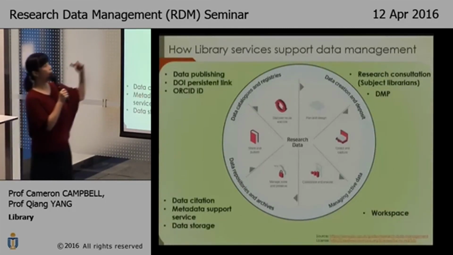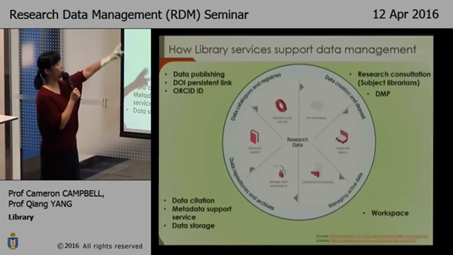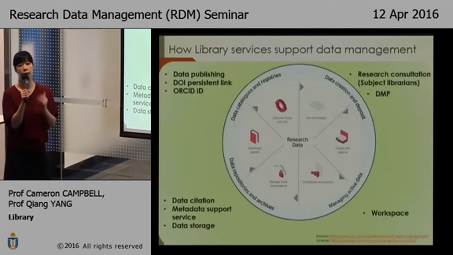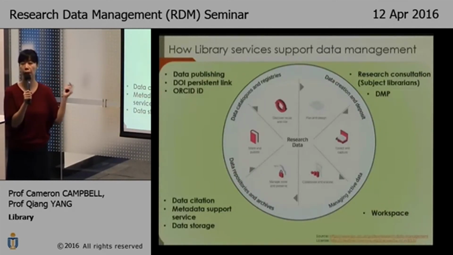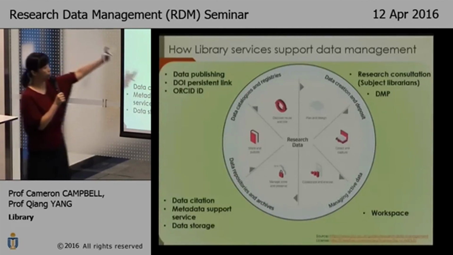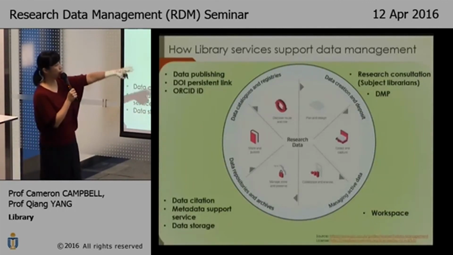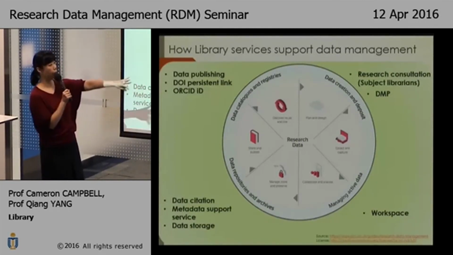For example, when you are starting your project, collecting data or planning the data, you can contact our subject librarians for consultation services, and we can help you compile a DMP. When you are managing the data, doing collaboration and analysis, we provide you a workspace for that.